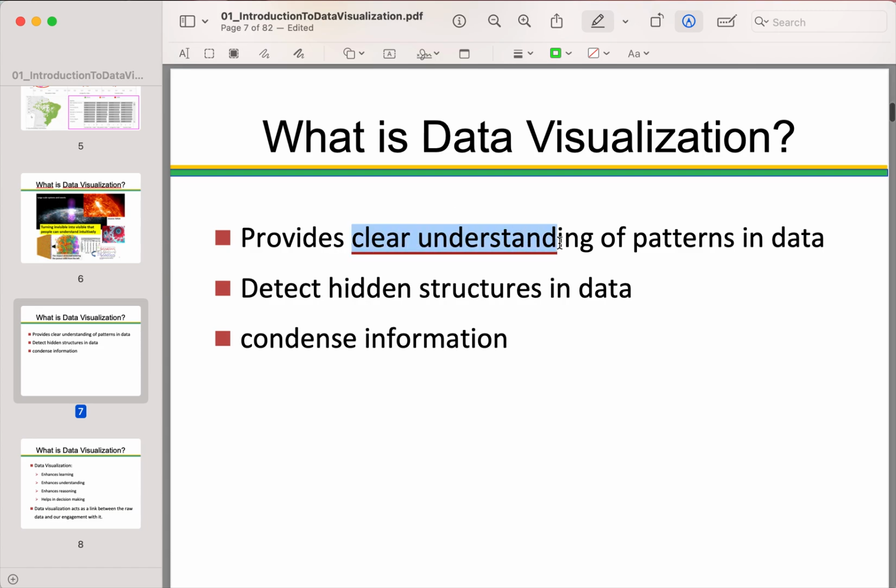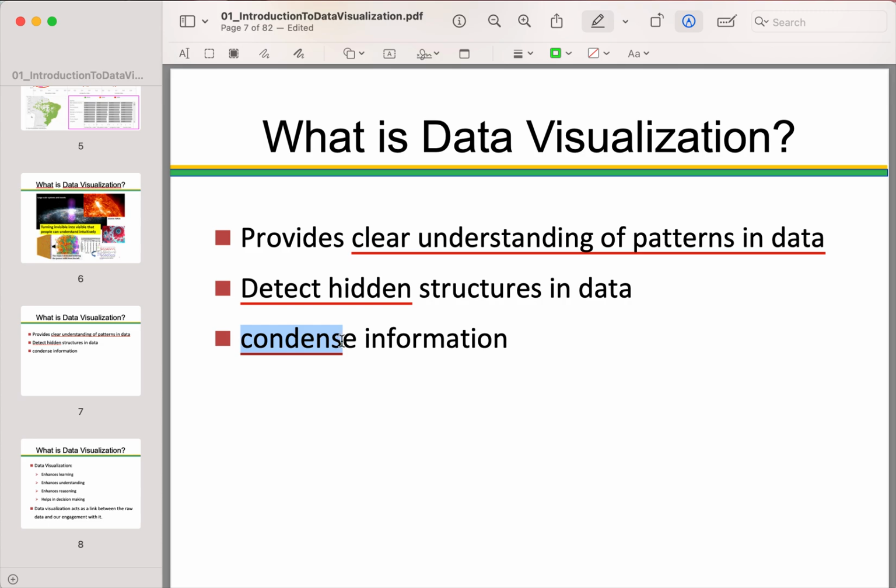It provides an easier or cleaner way to understand patterns in the data. By looking at the visualization, it might allow us to detect or discover knowledge or wisdom that would otherwise be difficult to discover by looking at the raw data.